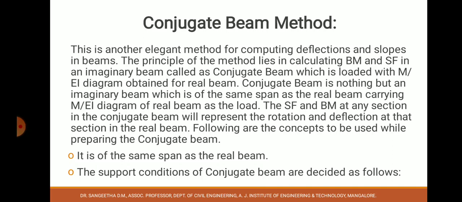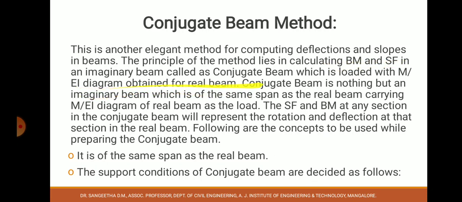This is another elegant method for computing deflections and slopes in beams. The principle of the method lies in calculating bending moment and shear force in an imaginary beam called the conjugate beam, which is loaded with the M by EI diagram obtained for the real beam.